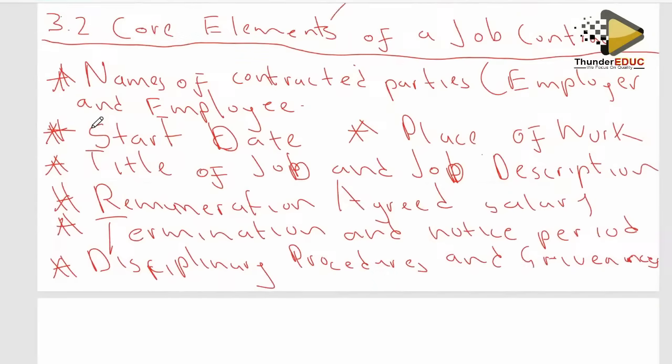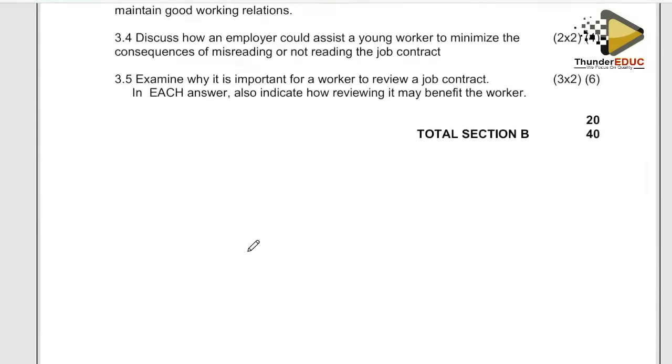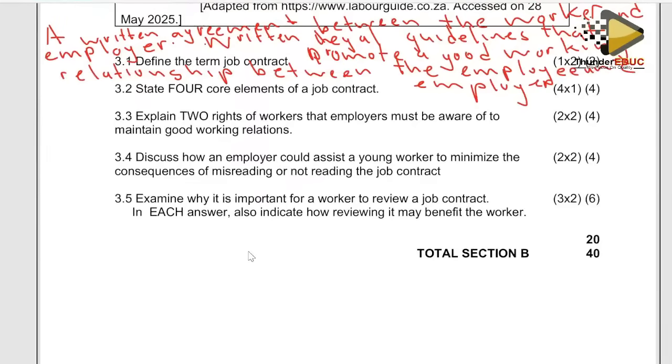Now, moving on to 3.3, explain 2 workers' rights that employers must be aware of in order to promote good working relations. I would write it below 3.3.